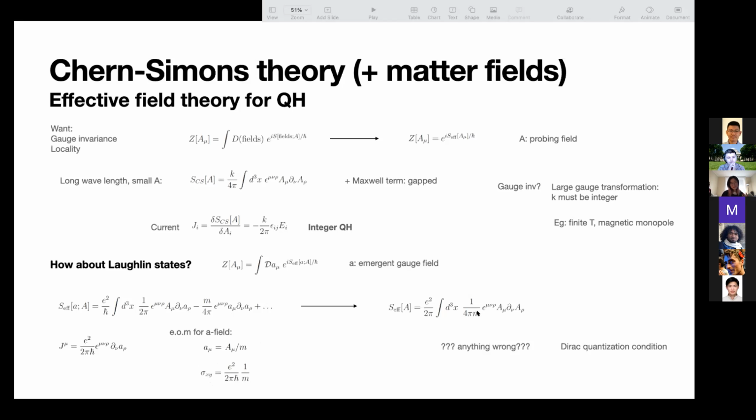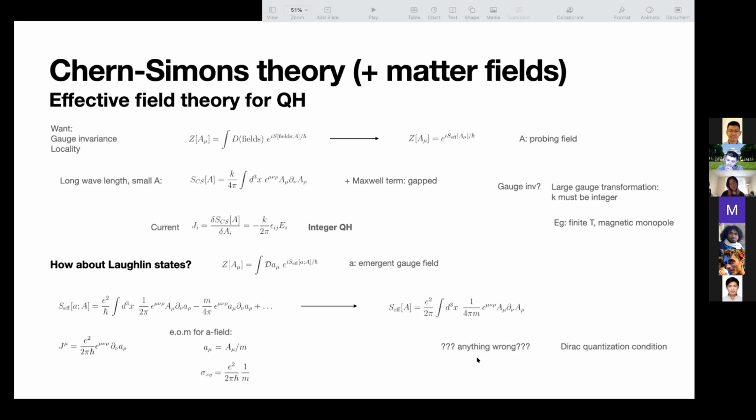That seems to conflict with the observation we just had. I just told you the gauge invariance requires this coefficient to be an integer. So what's wrong?